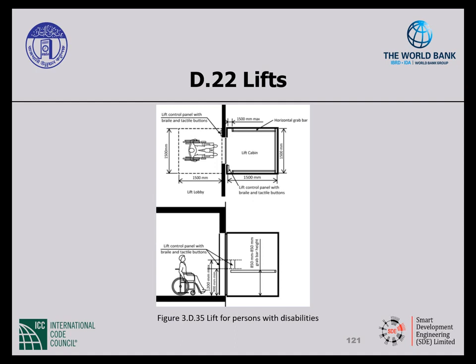Should provide horizontal grab bars along each side wall and the rear wall of the lift cab. The grab bars shall be mounted 850 to 950 millimeters above floor to the top of the bar. And on the sidewall, the grab bar shall be within 150 millimeters of the front of the car.